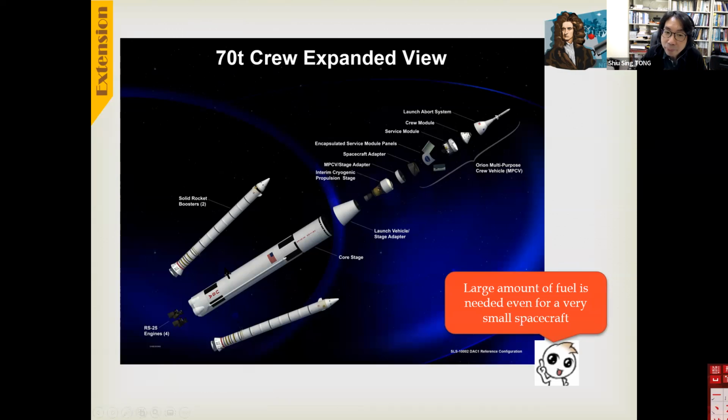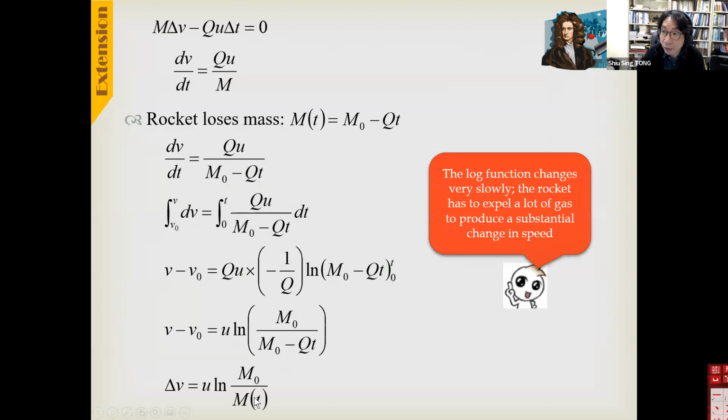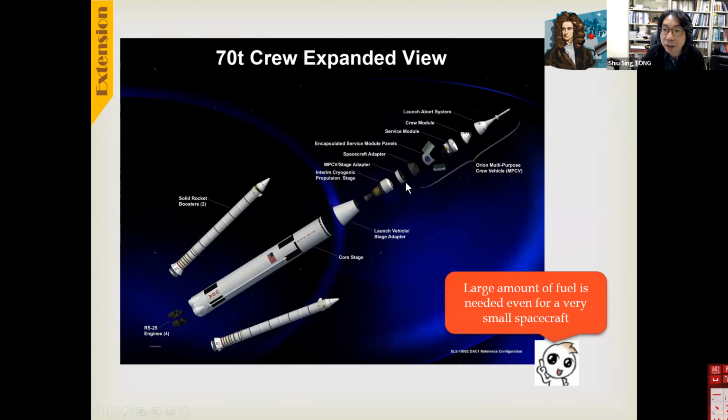So that means almost all the mass of the rocket consists solely of the fuel that needs to be ejected to accelerate the top part. So that is to make m0 over m very large. That's why most of the mass of the rocket actually consists of fuel and the engine, and they will be disposed of after use.